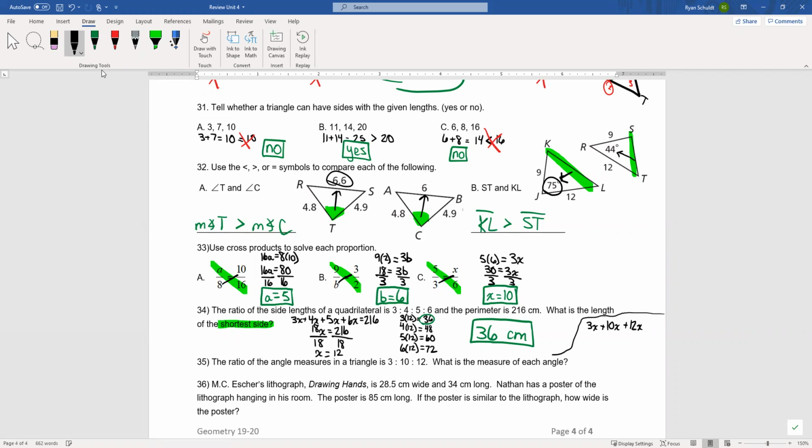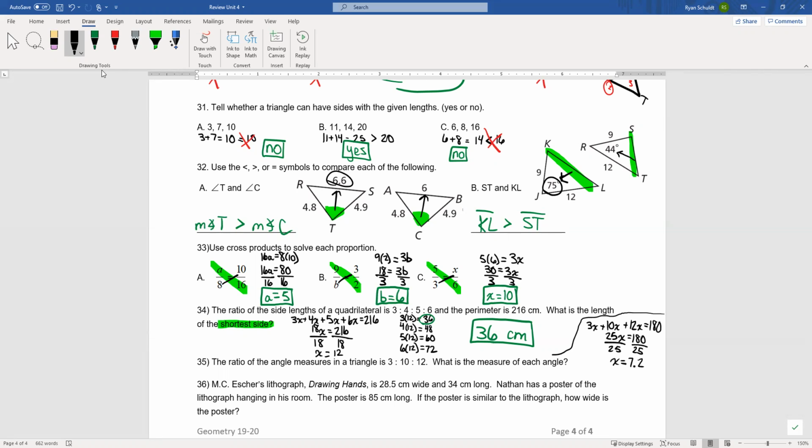We're dealing with angles in a triangle, so this would be 180. That's 25x equals 180. Divide by 25, and we get x equals like 7.2.